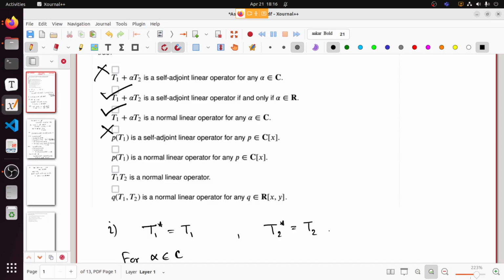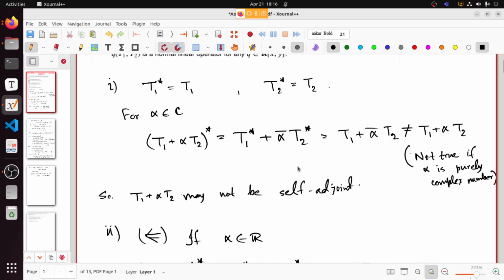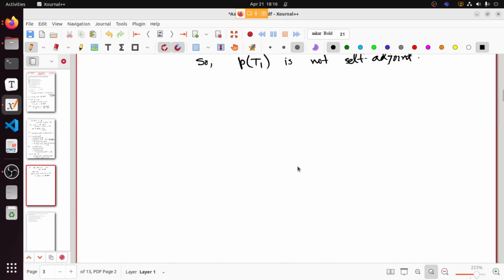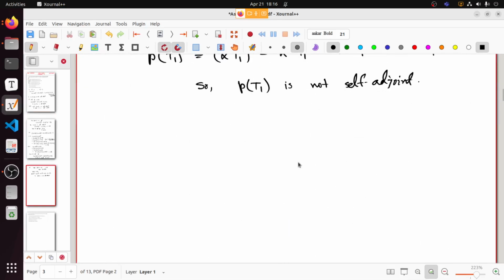Now option number 5, as earlier. Is P(T1) a normal linear operator for P a complex polynomial? So this will be true. Let's check this.